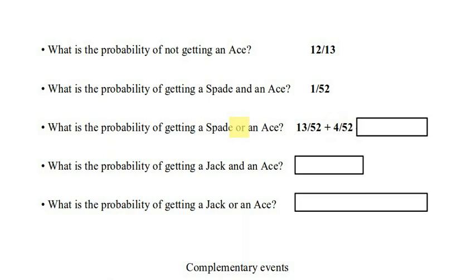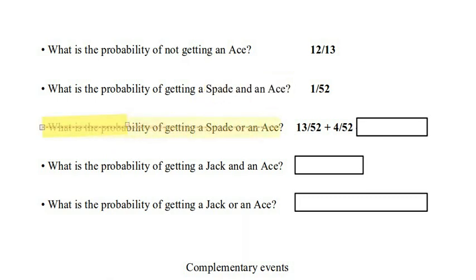The problem is, and this becomes a big issue, and we'll talk about it in more formal terms, that we've counted a card twice. In other words, it's possible to be a spade and an ace. Take a look back at the previous question. You could be a spade and an ace if you are the ace of spades. Now, we've counted the ace of spades in this next question twice.